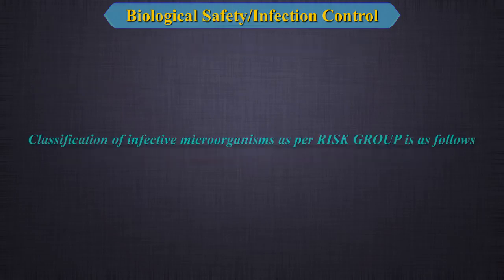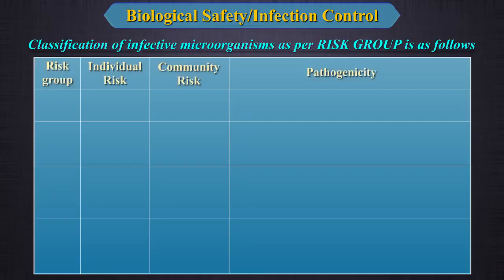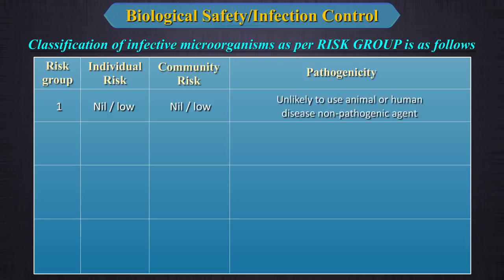How do we classify infective microorganisms as per the risk group? This is how it is done, as we can see in the table. A risk group 1 is where the individual risk is nil or very low, and the community risk is also nil to low. The pathogenicity here is that it's unlikely to cause animal or human disease, or you can call it a non-pathogenic agent.